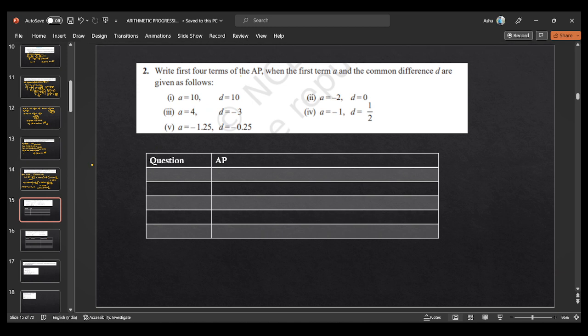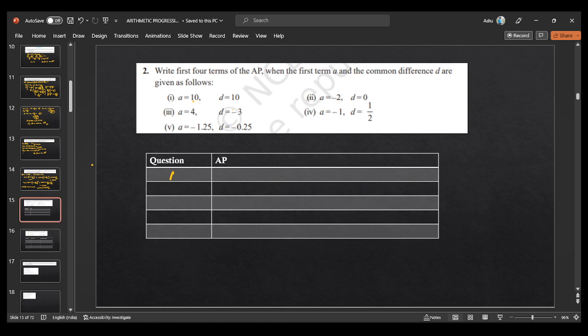Write the first four terms of the AP when the first term a and the common difference d are given as follows. Question number 1, part 2: first term is 10 and difference is 10.